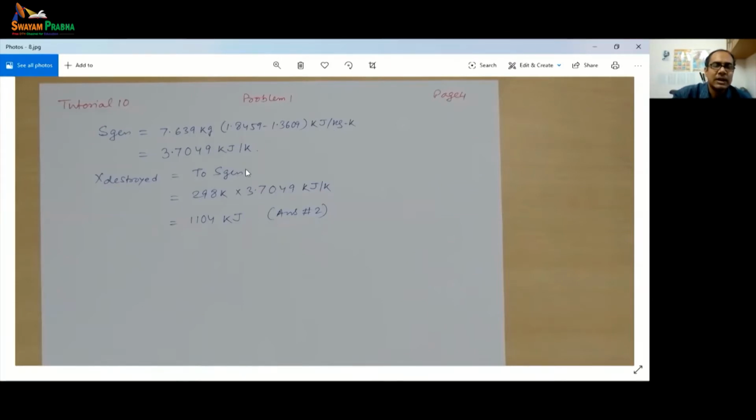So ultimately the entropy generated comes out to be 3.7049 kilojoule per Kelvin. Now exergy destroyed, as I told you, is straightforward. You just multiply this generated entropy value with the surrounding temperature, T naught, which is given as 25 degrees centigrade, that means 298 Kelvin. The amount that you get is 1104 kilojoule.